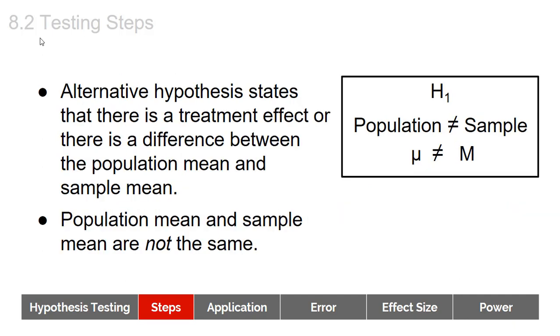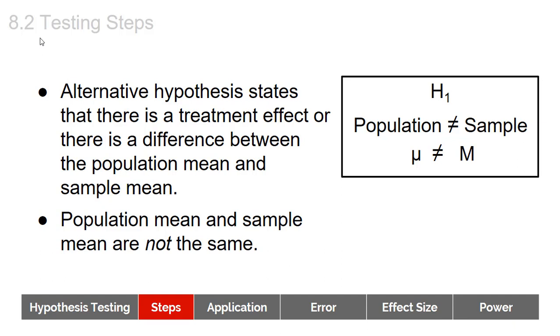The alternative hypothesis, however, is kind of what we're more interested in as researchers. We usually want to see that there's a treatment effect or that there's a difference between the population mean and the sample mean. We want our treatments to be effective. And so we also can set up what we call an alternative hypothesis. And that says the population mean and the sample mean are not the same, that they are different.